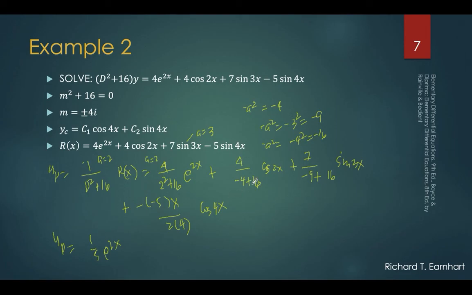Okay, so that gives you 1/3 cosine 2x plus 7 over this. This is 7 over 7, so we have plus sine 3x, and then plus 5 over 8 cosine 4x. So this is your y sub p.